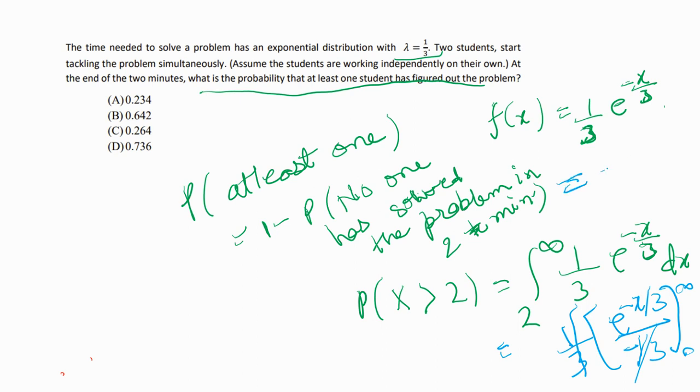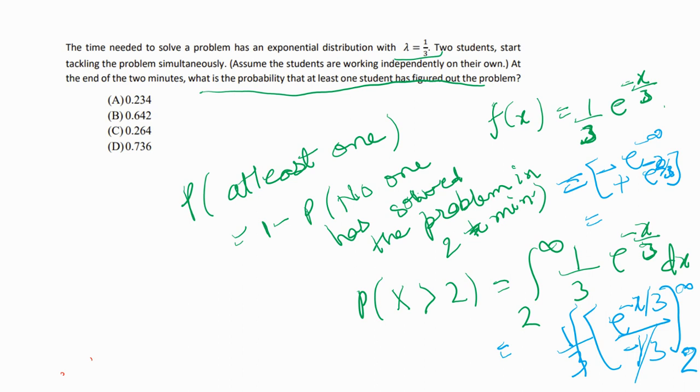Ultimately we will have minus e to the power minus infinity plus e to the power minus 2 by 3. So e to the power minus infinity is 1 upon e to the power infinity, and e to the power infinity is infinity.